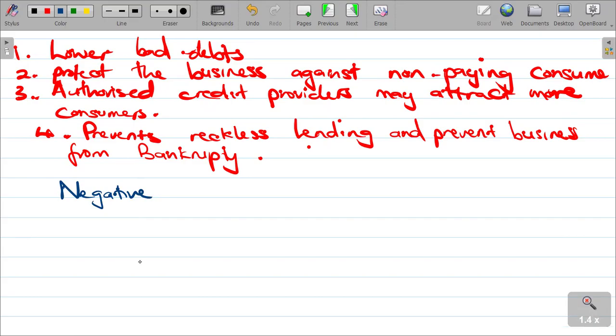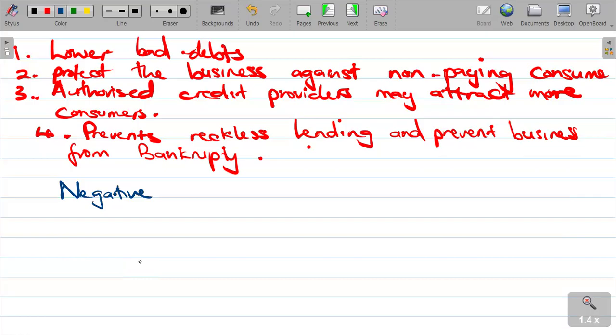Businesses struggle to get credit, such as bank loans. Businesses that do not comply with the National Credit Act may face legal action. Debt collection procedures are more complex and expensive. Fewer customers buy on credit as it is more difficult to obtain credit.